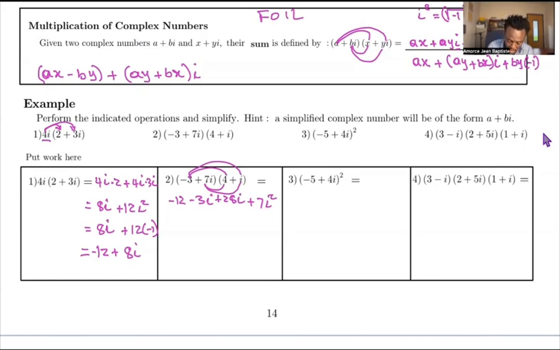So that is negative 12 minus 7, which is negative 19. Then minus 3i plus 28i is 25i.